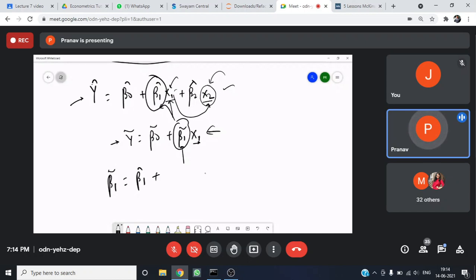And a similar explanation for x2 you can give as well. That is, x2 does not just directly cause movement in y, it also has an indirect effect through x1.